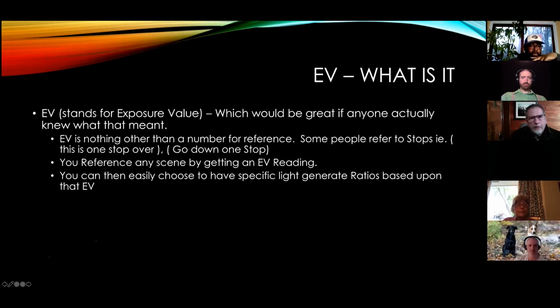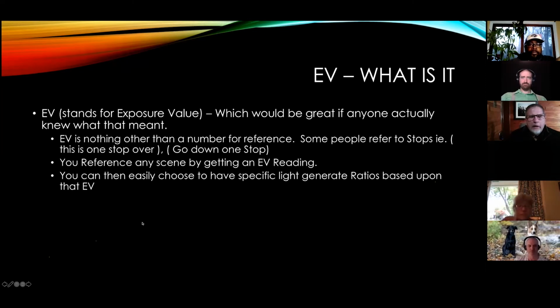Now, exposure values, EVs. Not many people really understand EVs, and I don't understand why, because it's one of the foundations of photography. It essentially is a stop. So some people will refer to it as a stop, and it actually is a stop.